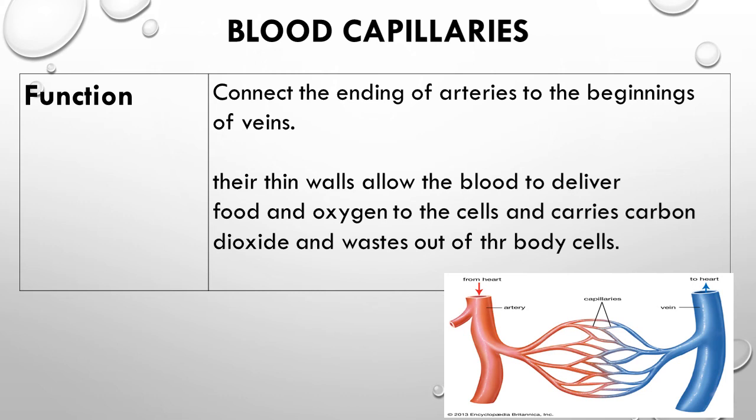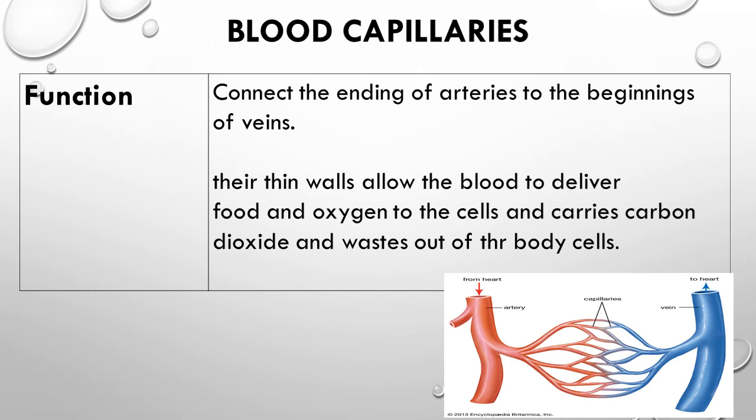What is the importance of their thin wall? We have said that blood capillaries have thin walls. These thin walls allow blood to deliver digested food and oxygen to the body cells to benefit from them. And the carbon dioxide and wastes that my body doesn't need, they take out of the body cells.